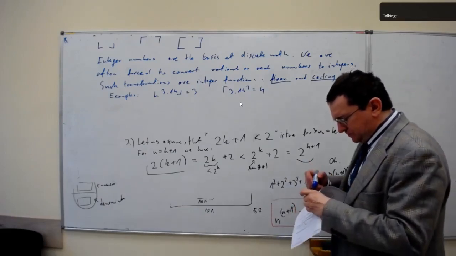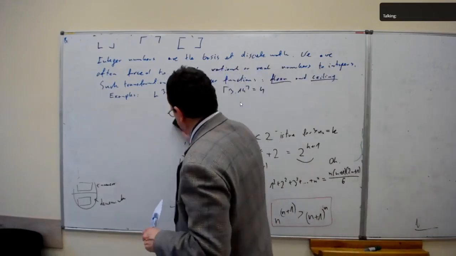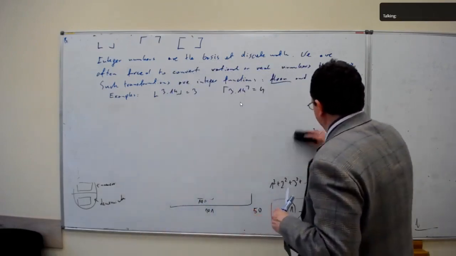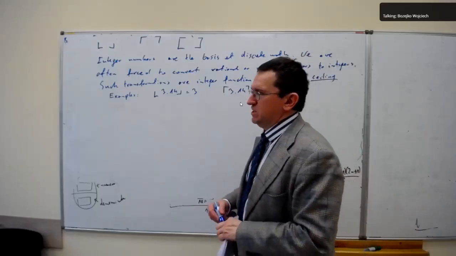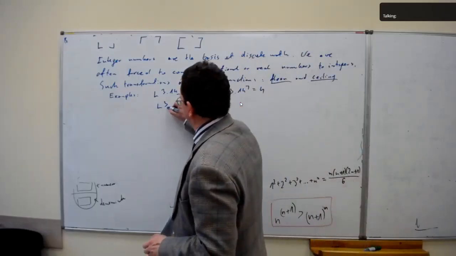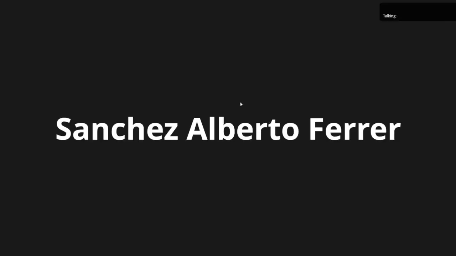So formally, we can write how it works. Excuse me? Yeah. And the ceiling of 3 would be 3 or 4? The ceiling of 3 is 3. That's the floor. And the floor of 3 is also 3.